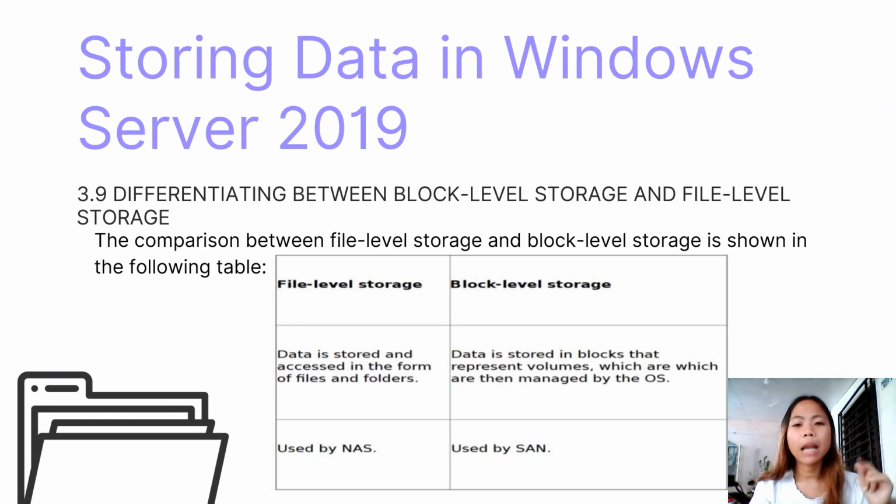Differentiating between block level storage and file level storage. The comparison between file level storage and block level storage is shown in the following table. You can see that in file level storage, data is stored and accessed in the form of files and folders, while in block level storage, data is stored in blocks that represent volumes, which are then managed by the OS or operating system.